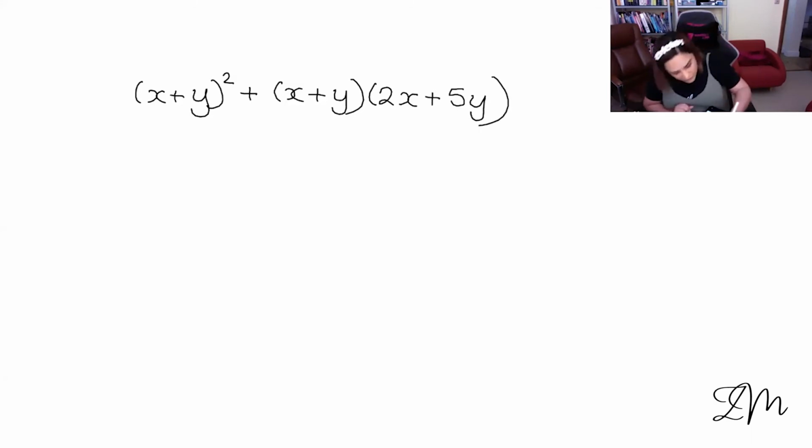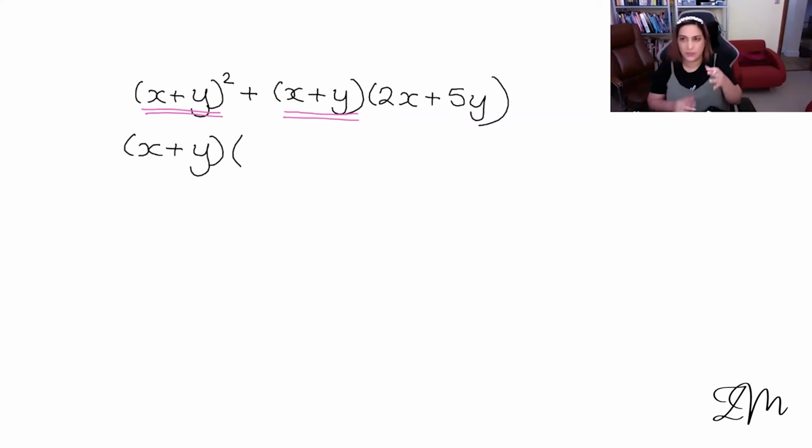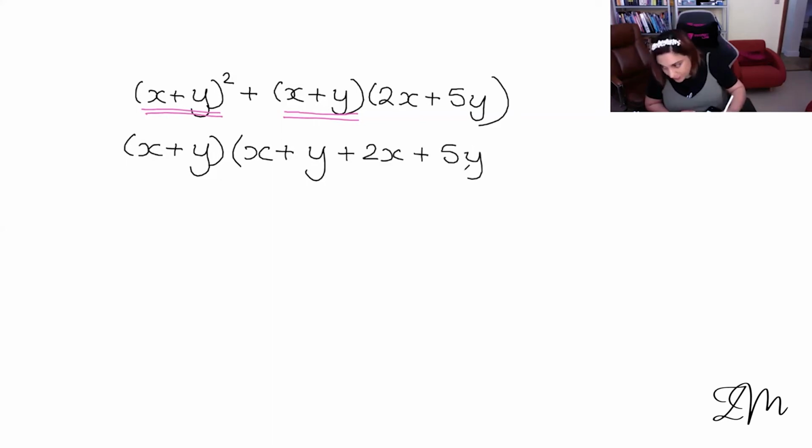So we're going to look for our common factor, and our common factor is x plus y. So that's what's going to go outside of everything. I'm going to take x plus y outside, and I say, what am I multiplying it by to get (x plus y) squared? I'm multiplying it by x plus y. And then in the other one, I'm multiplying it by 2x plus 5y.